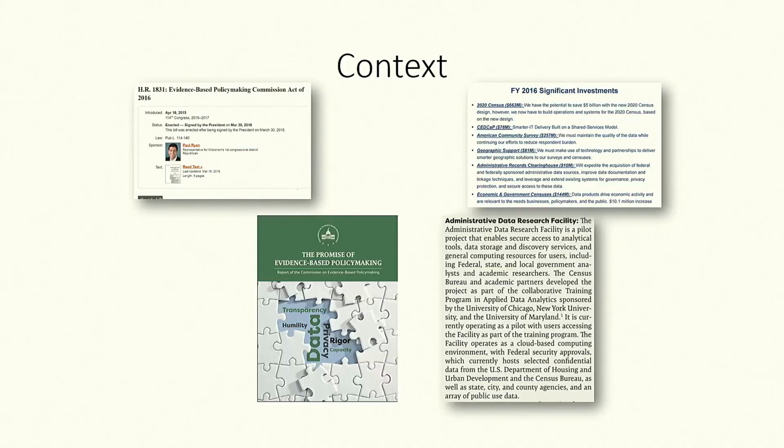So the Murray-Ryan Commission was established in March of 2016. The Census Bureau was asked by the Office of Management and Budget to support the decision-making of the Commission. The Census Bureau asked us to build an administrative records clearinghouse that could demonstrate how data from different government programs could be combined and analyzed.